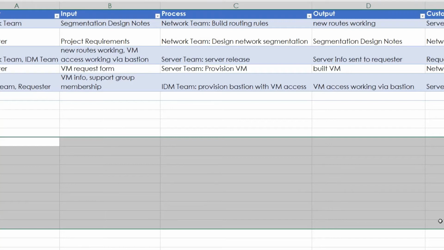I like SIPOCs a lot. There's a tertiary benefit to them that people will often include work they're doing. When you're brainstorming, they'll just include work.